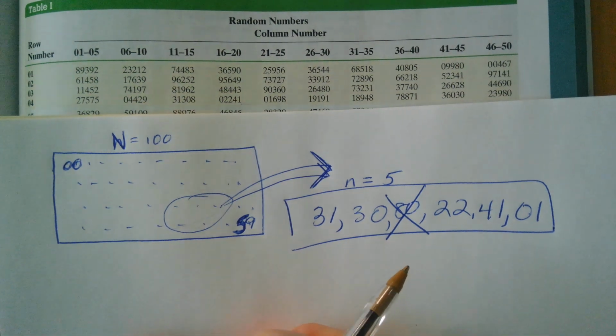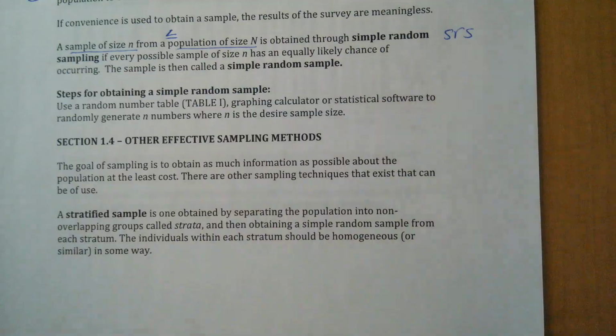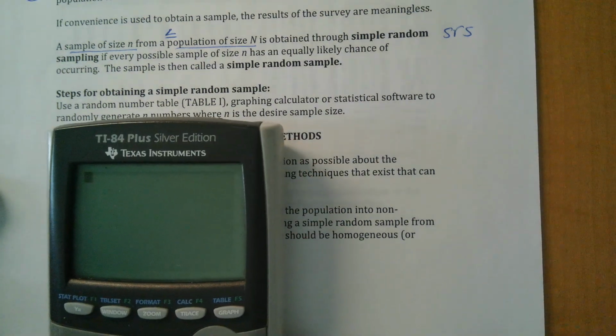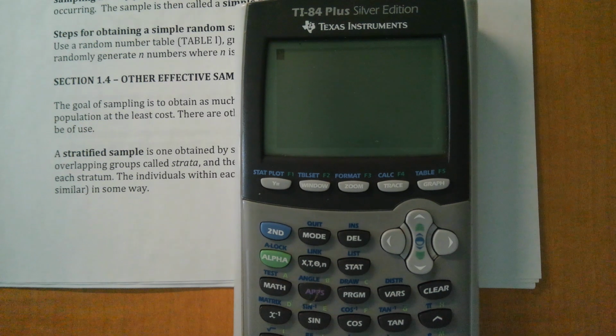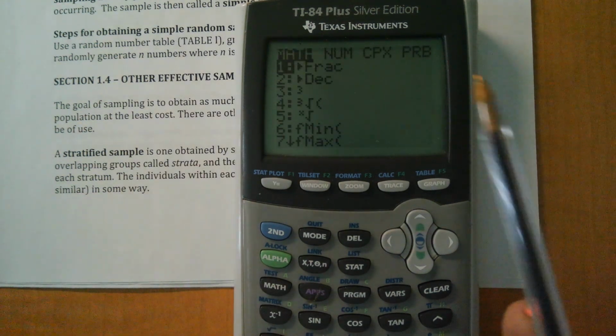Another way to do this is using a graphing calculator or statistical software. A graphing calculator isn't necessary for the course, but it can do the tricks for you as well if you're interested in learning more about it. In your graphing calculator, under the math key, you have a probability function.